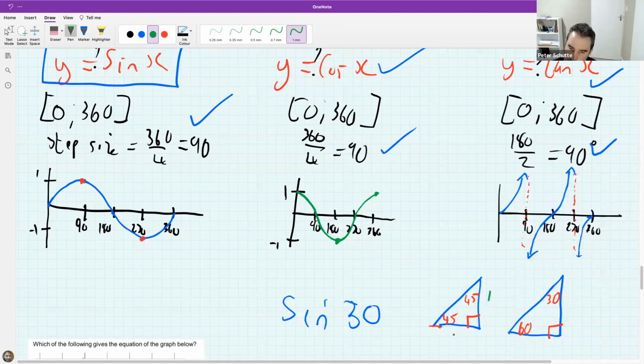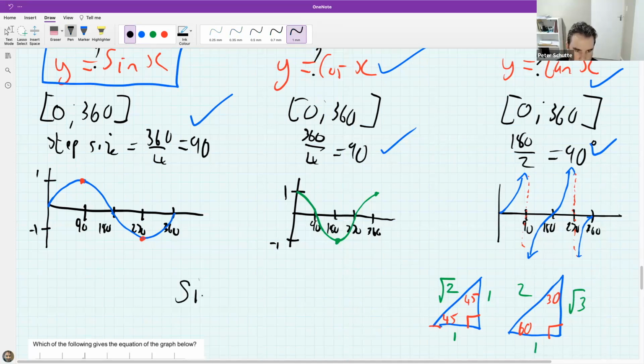Okay, so what you need to do is memorize that triangle for this one, and if you memorize these two, you simply read off the value from the special triangles. So say, for example, you ask, the sine of 30 is what? Well, what's opposite 30?